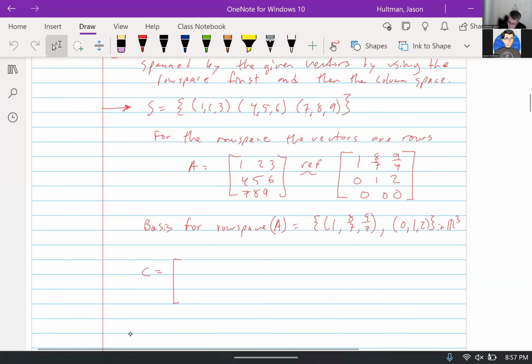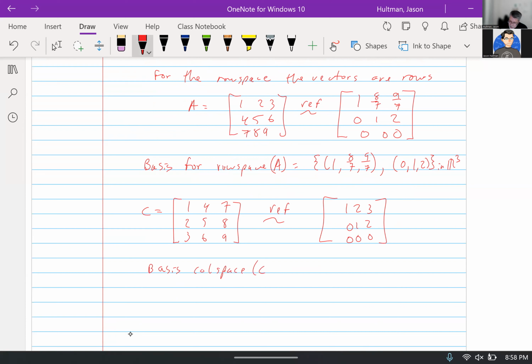So what is my column space? Or what's my basis, I should say. My basis for the column space of C that I've now created out of these vectors.